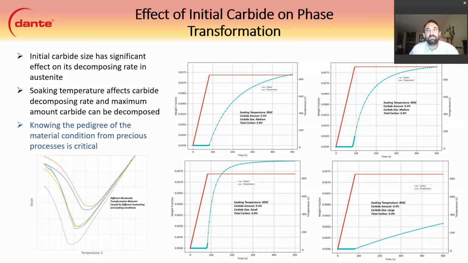Rounding out the effects of initial conditions on phase transformation behavior is the effect of initial carbide on phase transformations. When I speak of carbide here, I'm speaking of primary carbides formed either during the steelmaking process or during a carburization process. So all the figures on the right-hand side with the red and blue curves show a total carbon of 0.8%.